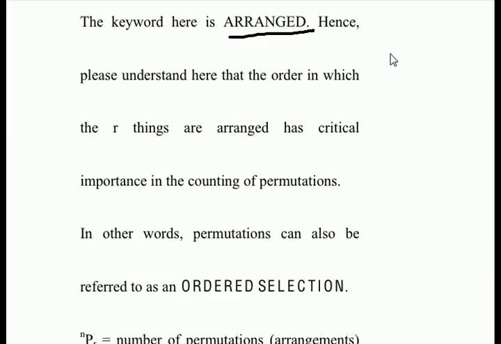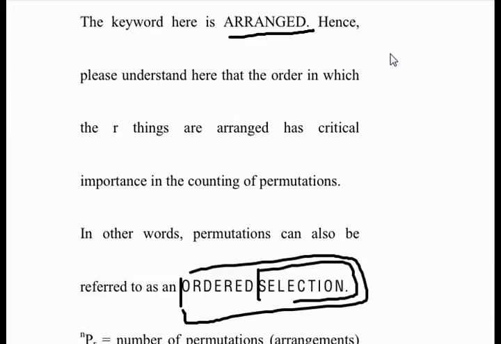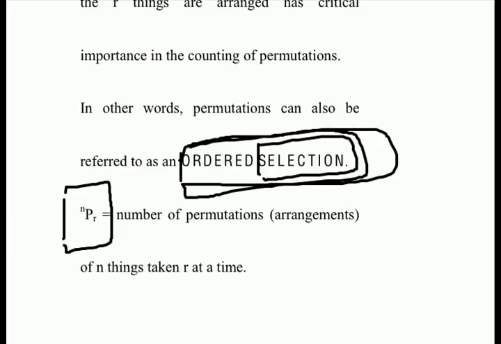Hence permutation is basically referred to as ordered selection. When we cover combinations, we'll see that combination is merely selection, whereas permutation is ordered selection. The formal symbol of a permutation is nPr, which basically means that this is the number of permutations, arrangements of n things taken R at a time.